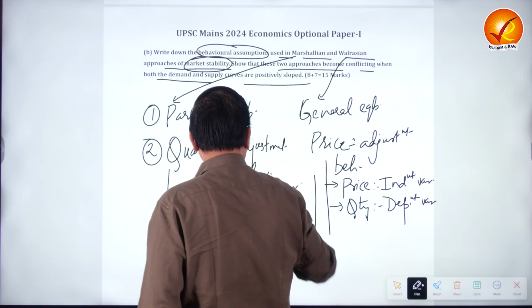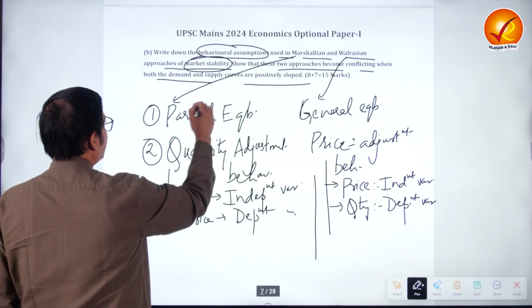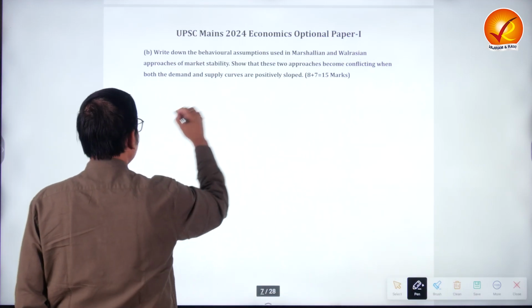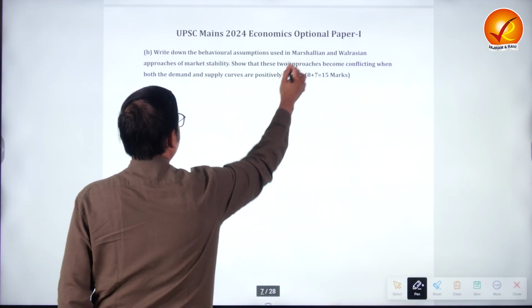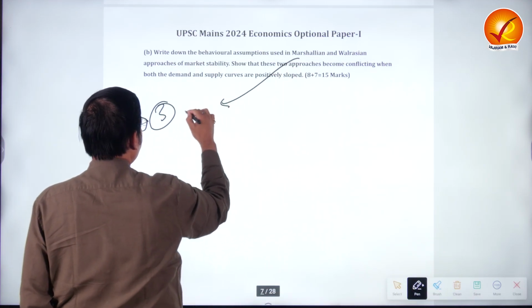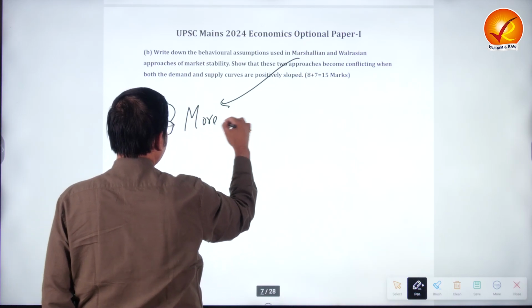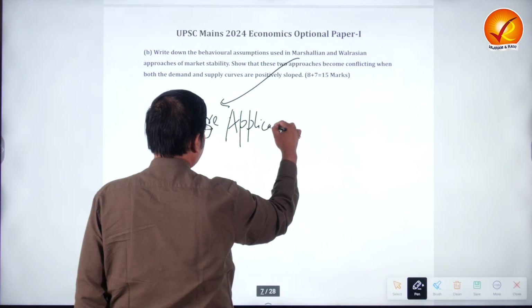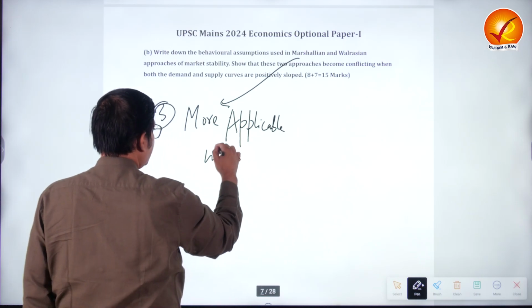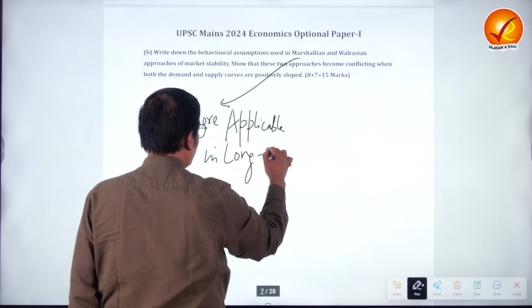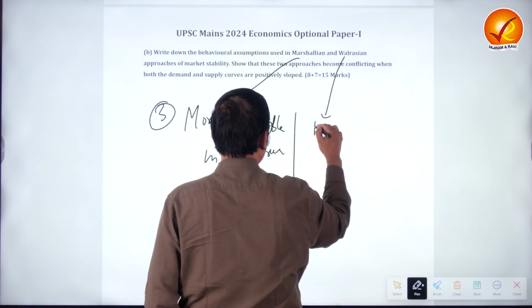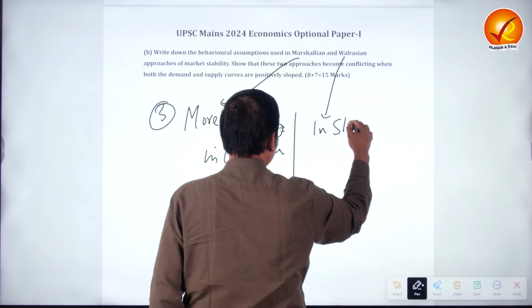A third thing that you can talk about is that Marshallian analysis is more applicable in the long run, while the Walrasian analysis is more applicable in the short run.